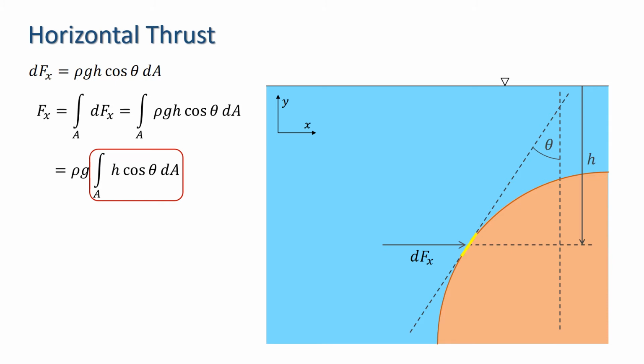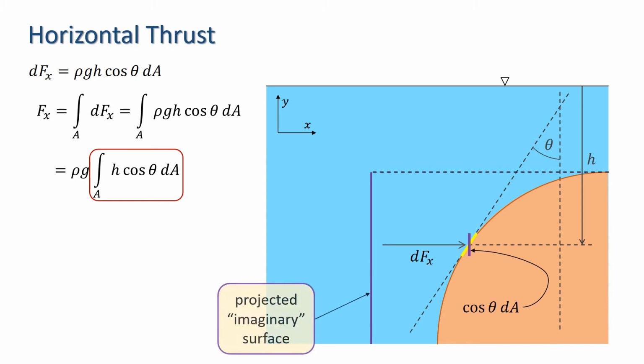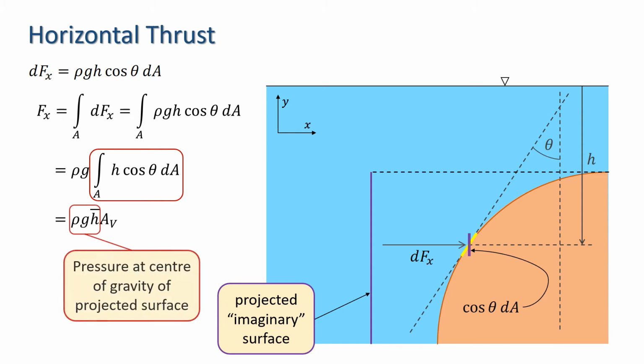Cos theta dA is the projection of our elemental area onto a vertical elemental area as shown here. The integral thus generates a projection of our curved surface onto an imaginary vertical surface, illustrated here as a purple line. And the integral is equal to the pressure head at the centre of gravity of the projected imaginary surface times the area of that surface.